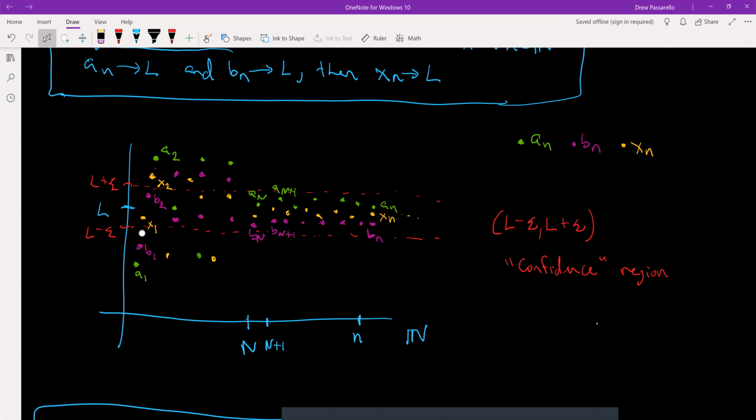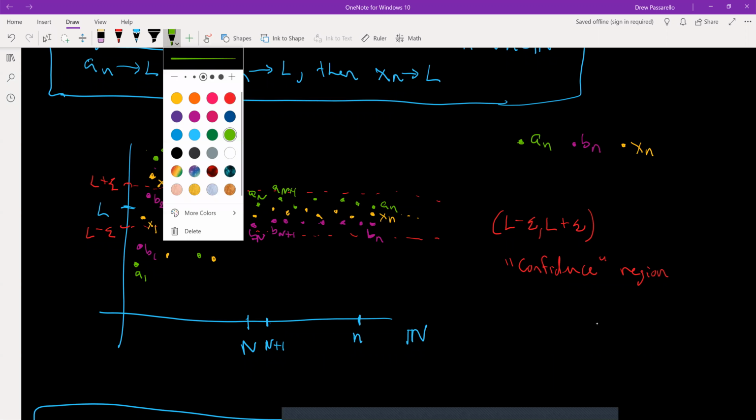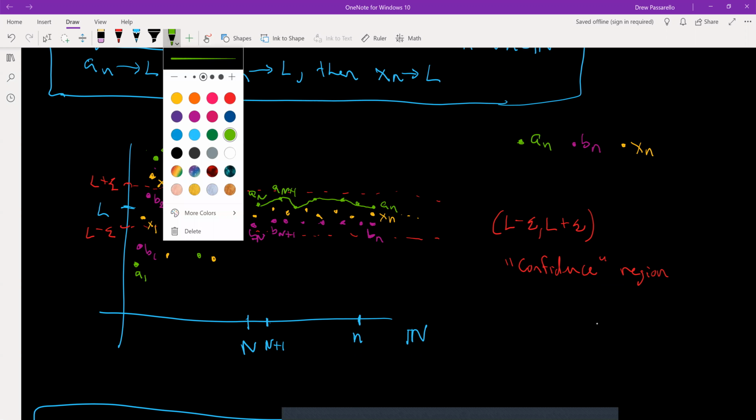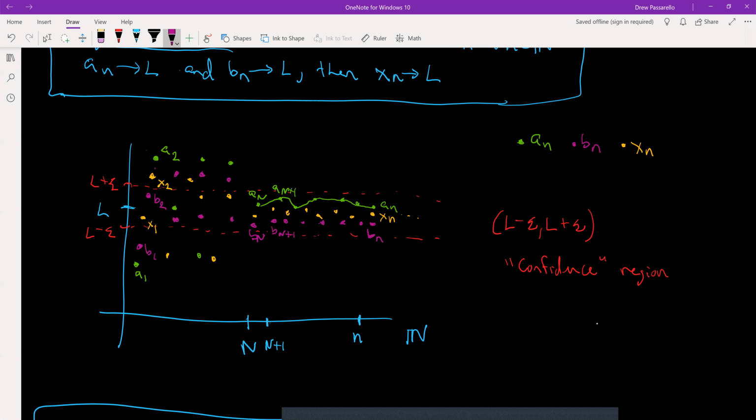So it does this weird oscillation, but it comes to a point where after that, a_n goes like this, and then b_n comes like this.